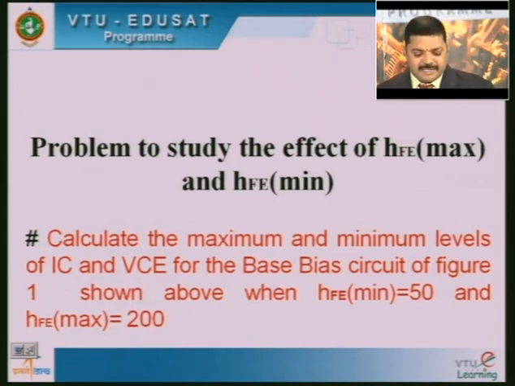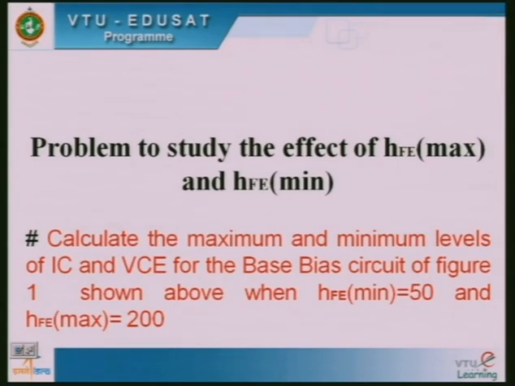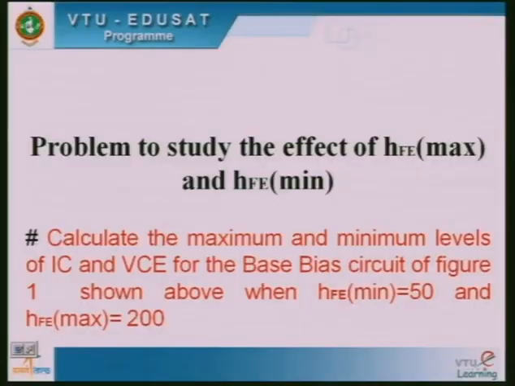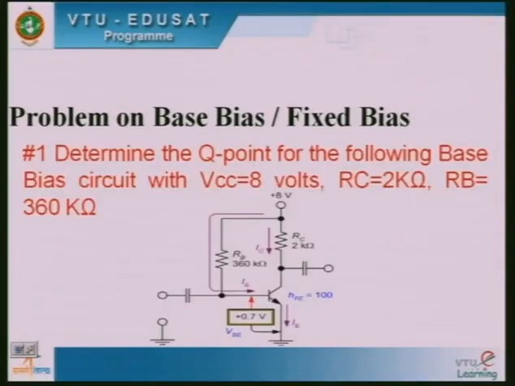So, the problem is: calculate the maximum and minimum levels of IC and VCE for the base bias circuit of figure 1. This is figure 1, which I considered in the previous slides.